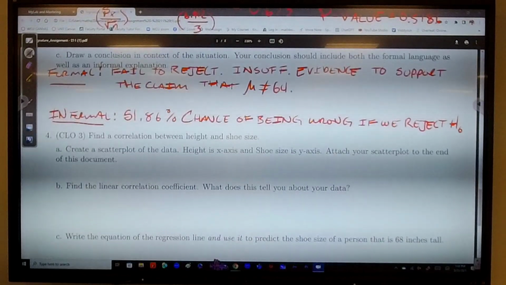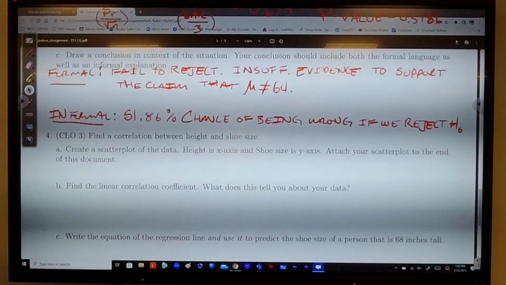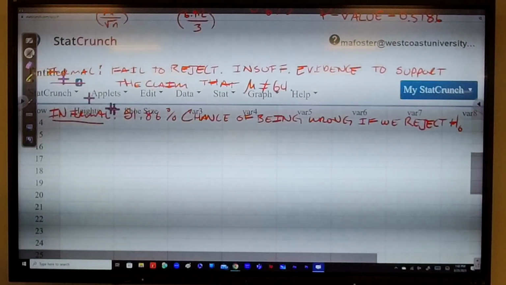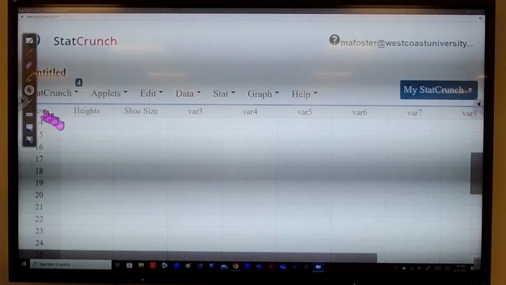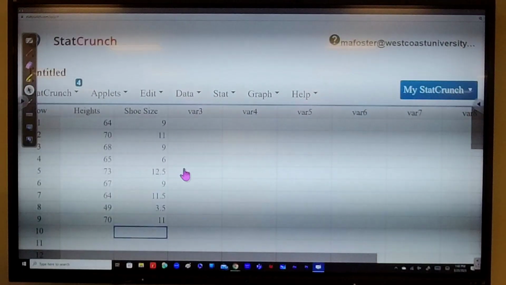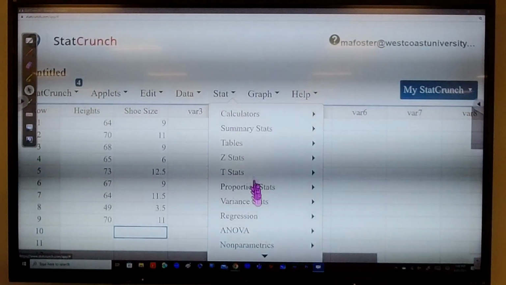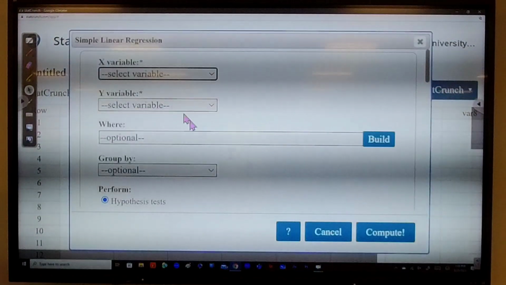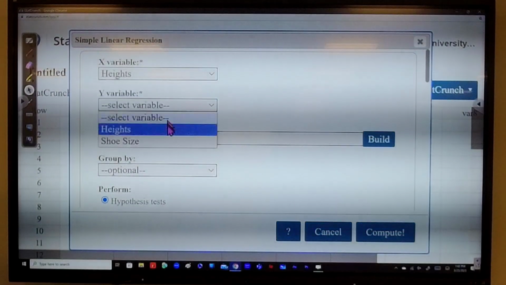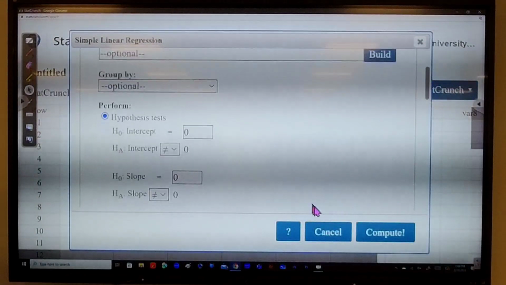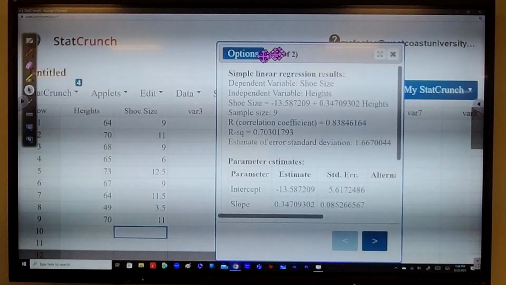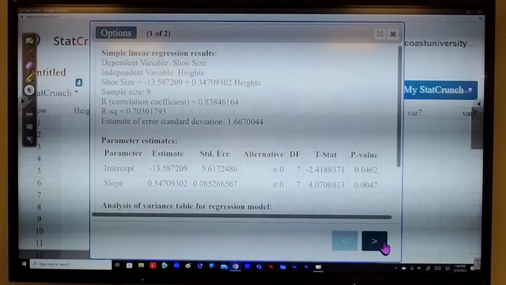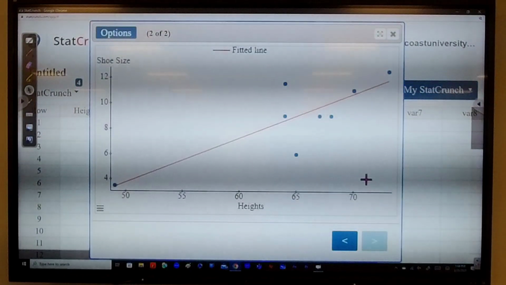We'll go to StatCrunch, Stat, Regression, Simple Linear. The X was heights, the Y was shoe size, and that's it. Click compute. And you get a 2-page summary. This is the image I want.